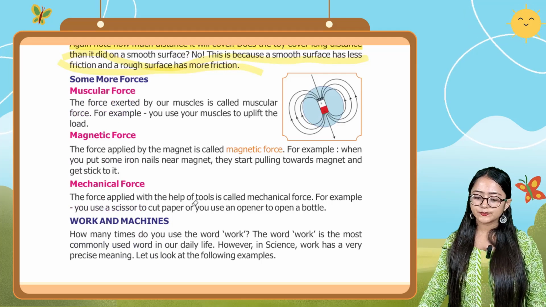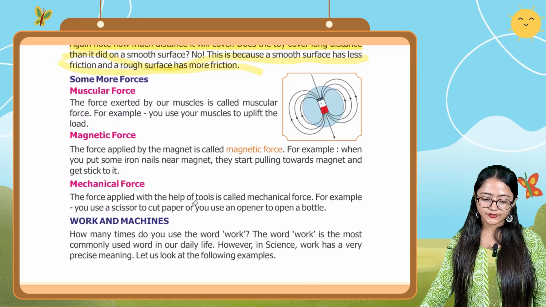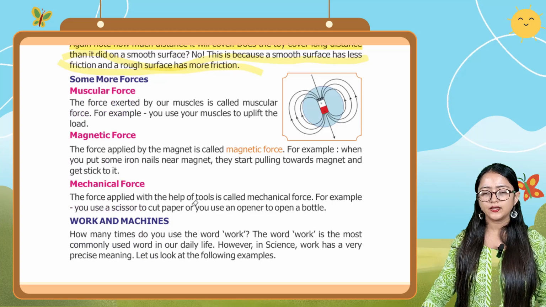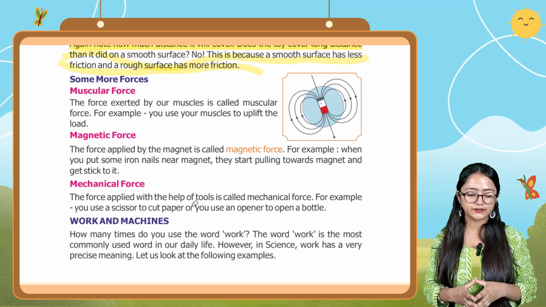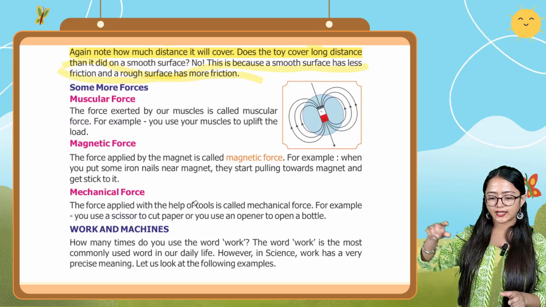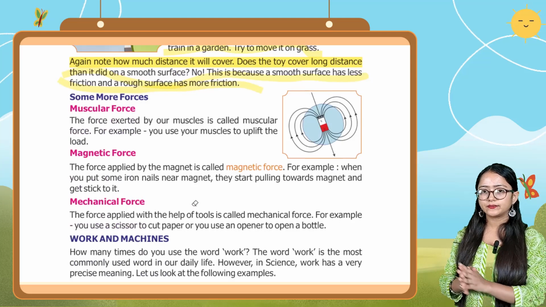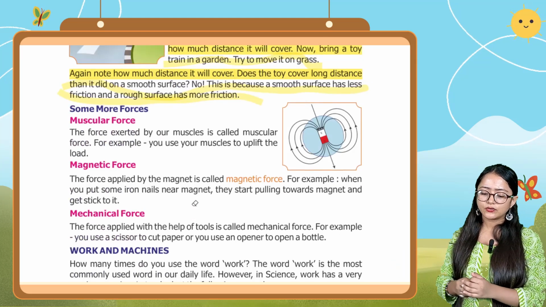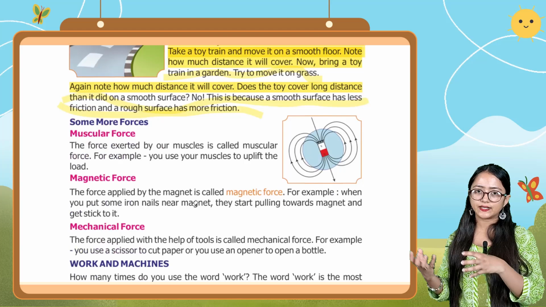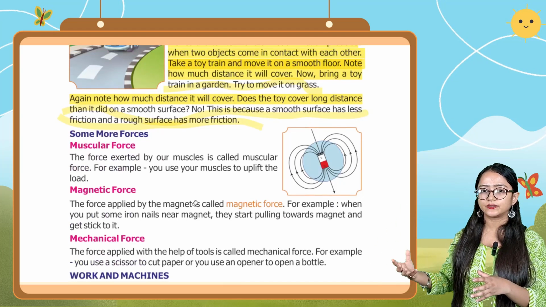No. This is because a smooth surface has less friction and a rough surface has more friction. So why does it happen? Does the toy train cover a long distance in the garden area? No, as compared to the smooth surface, because the smooth surface has less friction as compared to the garden area, which has more friction.